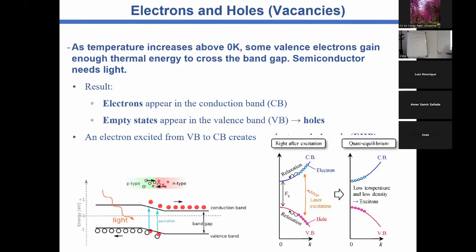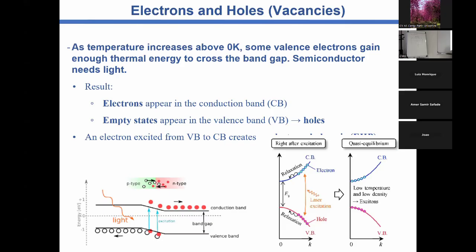We apply a laser, so the electron goes from the valence band to the conduction band, depending on the energy of the laser. If there is one state available here in terms of density of states, we can see that there is a state available here.